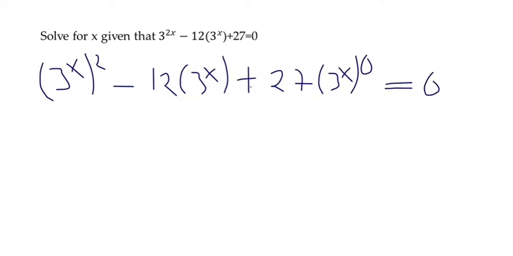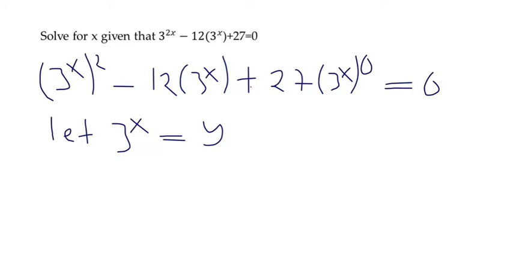Okay, so right away we notice that we have a common factor, which is 3 to the power x. So what we do is, let us say let 3 to the power x equal y. So meaning wherever there is 3 to the power x, substitute by a letter y.